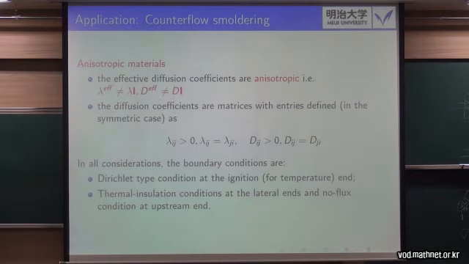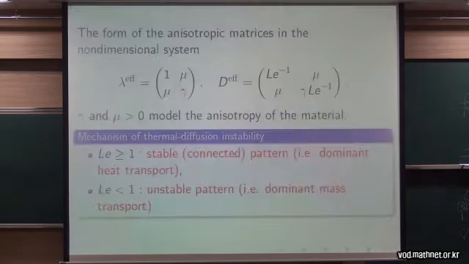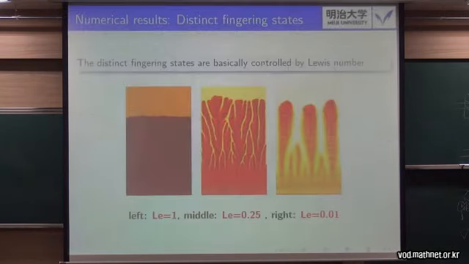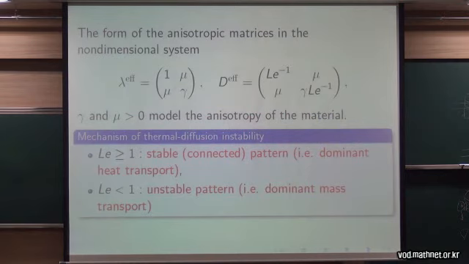So also we have the case for anisotropic materials here. And through rescaling we can also see that the anisotropic materials have the following form for the thermal diffusion tensors.